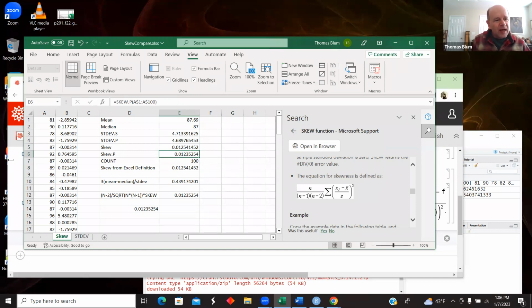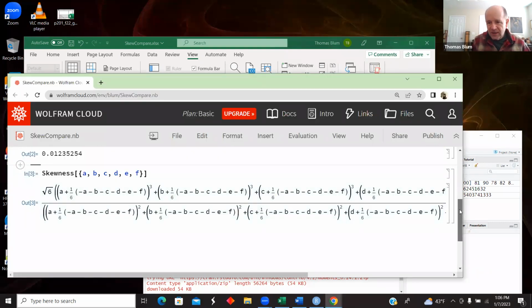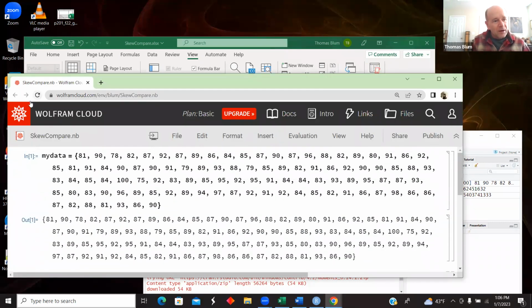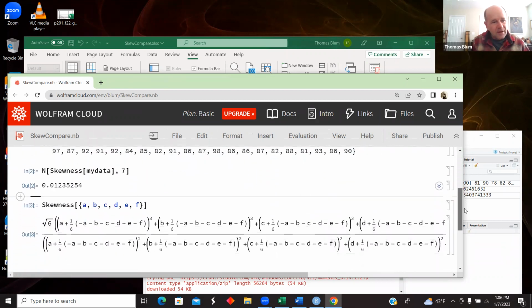So let's look at this over in Wolfram Cloud, with the same set of data. I've entered that data and I've taken the skewness. Mathematica likes to calculate things exactly and have numerators and denominators and square roots, and I didn't want any of that.